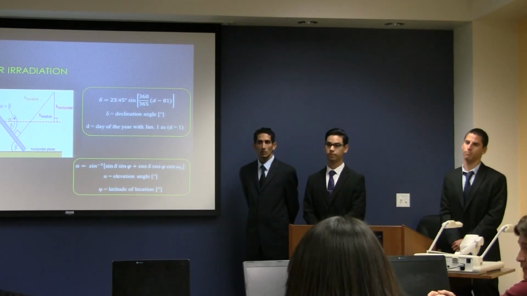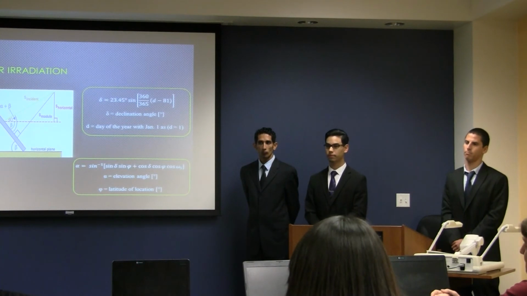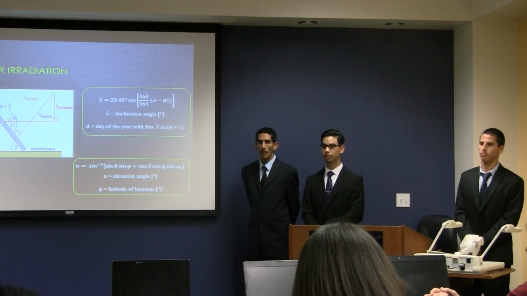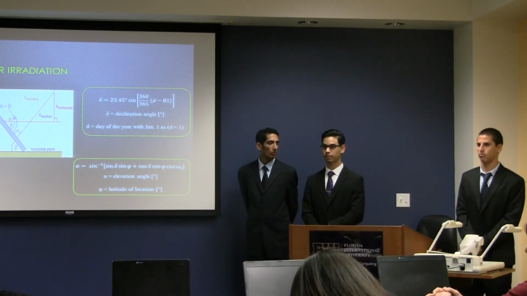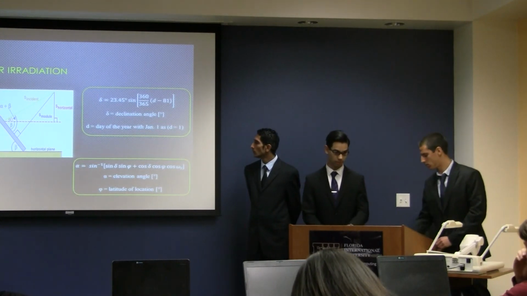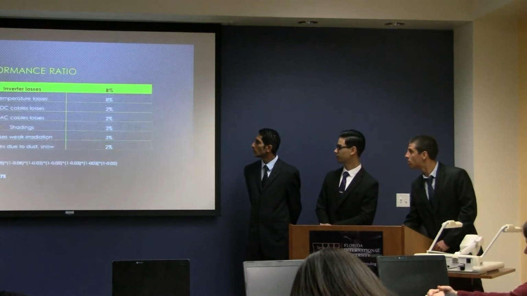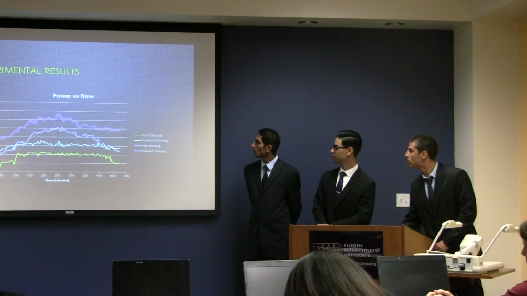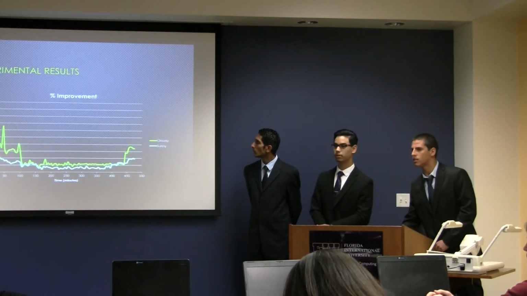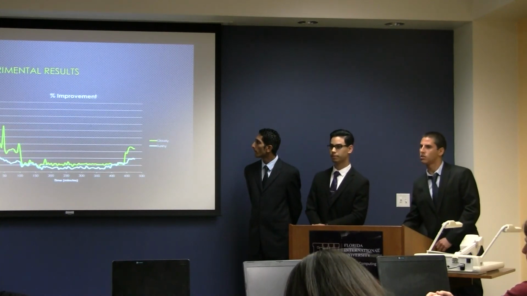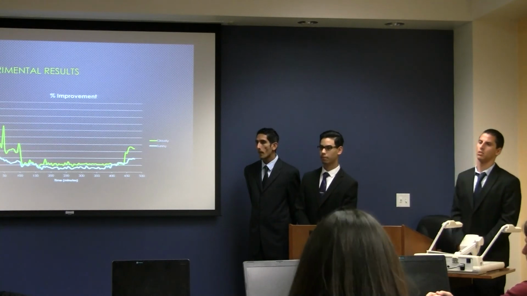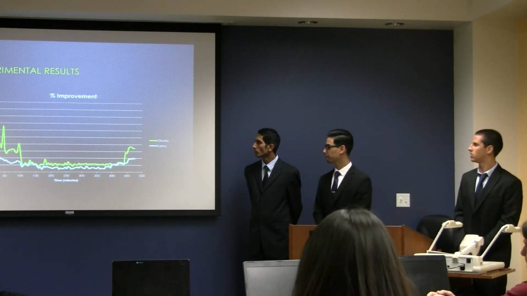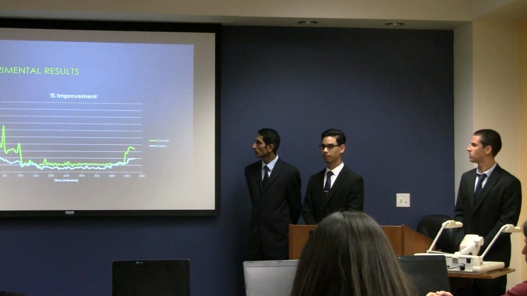I have one last question. Could you put up the curve that shows sunset and sunrise? Time and intensity. Okay. Based on this, it's telling me that there is more output and improvement.